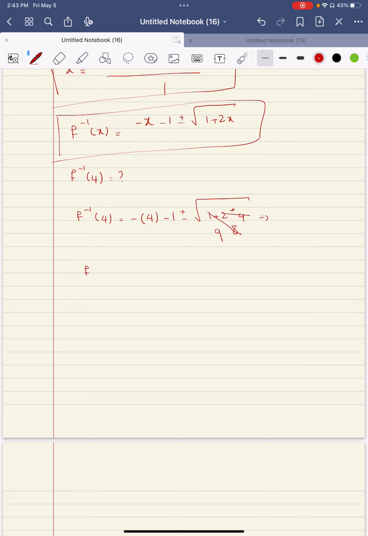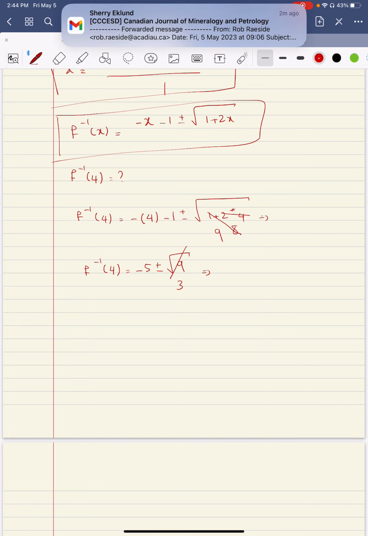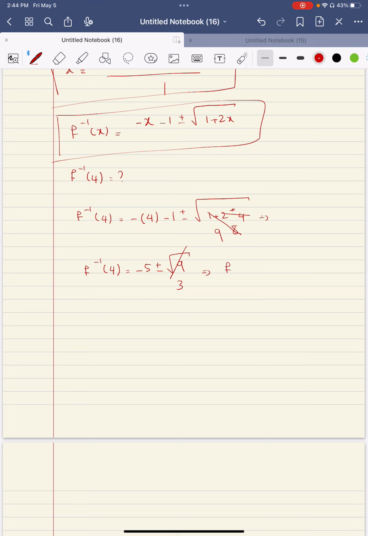So this would be minus 5 plus minus root 9, or the number 3. So the inverse of f at 4 would be minus 5 plus 3, which is negative 2, or negative 5 minus 3, which is negative 8. This would be the answer.